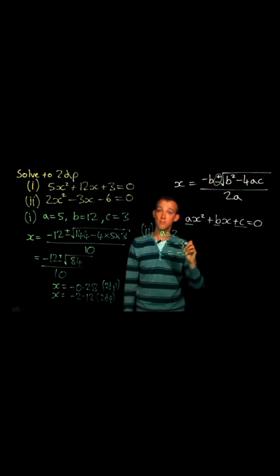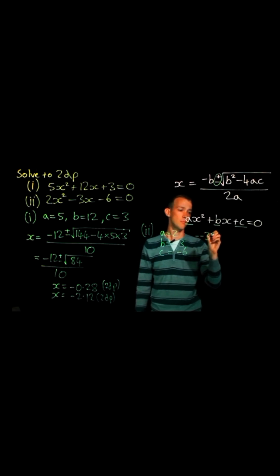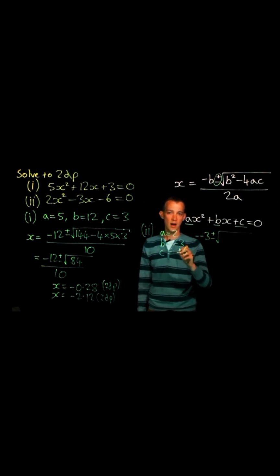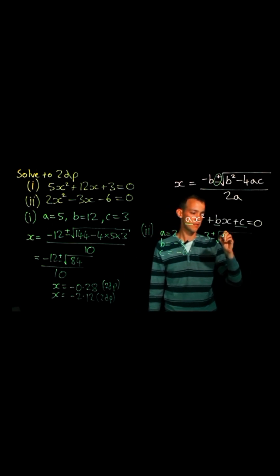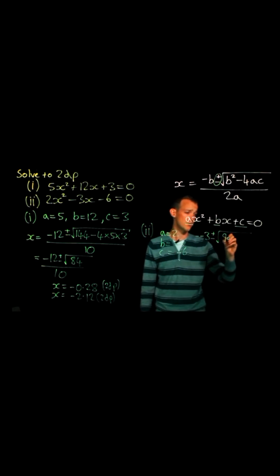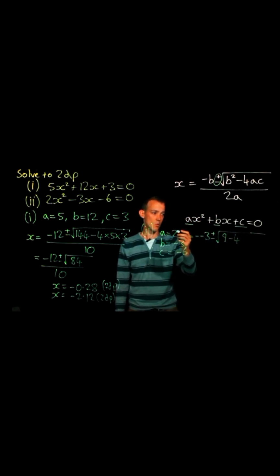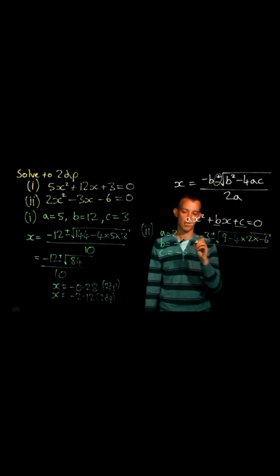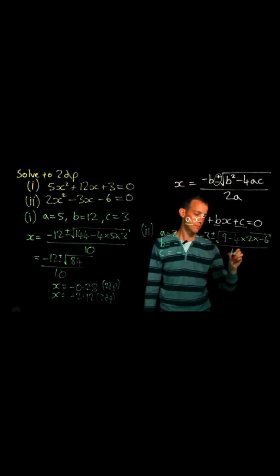Well, b is equal to minus 3, so actually I've got minus minus 3 plus or minus the square root of b squared. Minus 3 squared is minus 3 times minus 3, which makes a positive 9. Minus 4 lots of a times c, so 2 times minus 6. And we're dividing by 2a. a is 2 here, so we're dividing by 4.